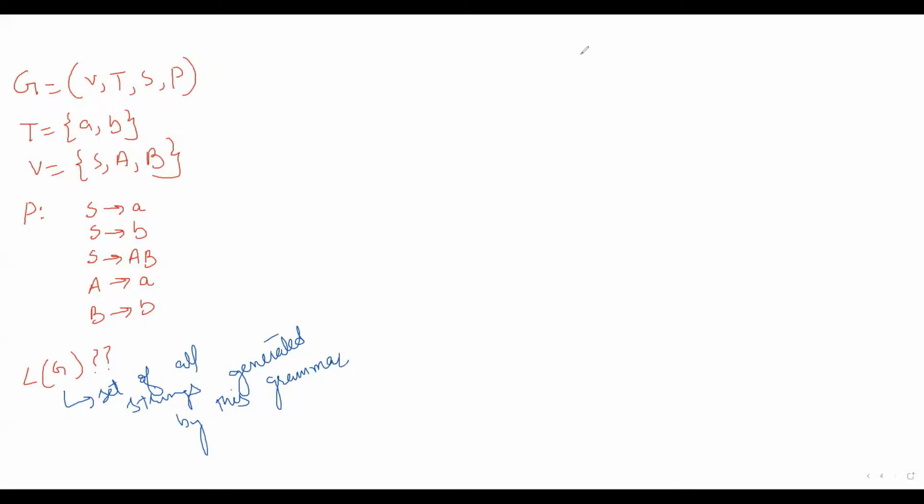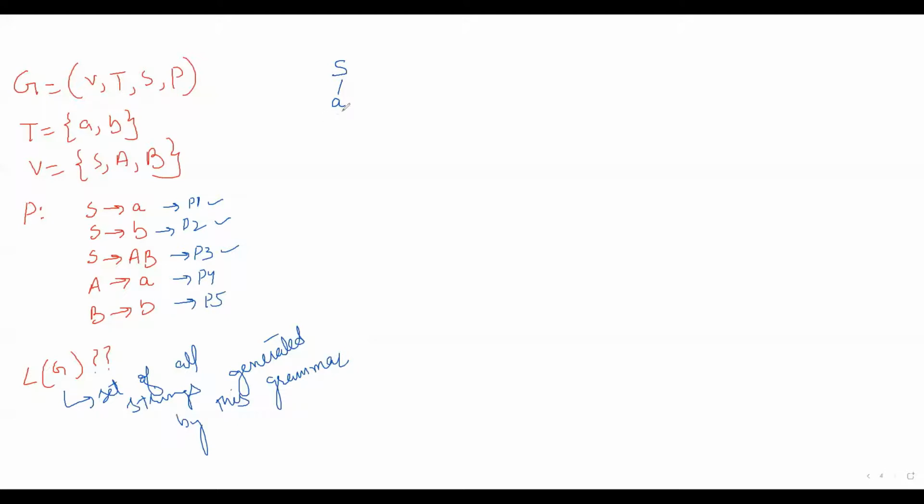So let's see what the different strings generated by this grammar are. We know that we have to always start from the start symbol. Now see, S can be written in three ways. This is production rule 1, production rule 2, production rule 3, production rule 4, and this is production rule 5. For S, we can use production rule 1, 2, or 3. Let's say I have used production rule 1, so S can be written as a.